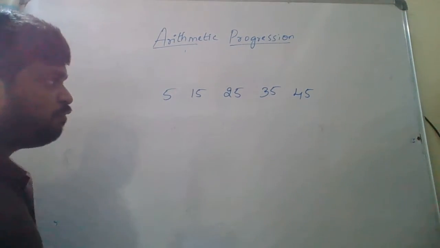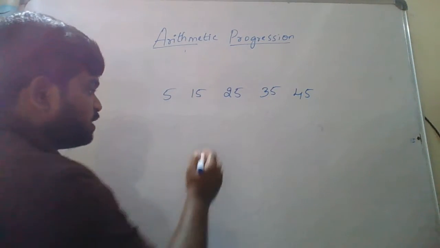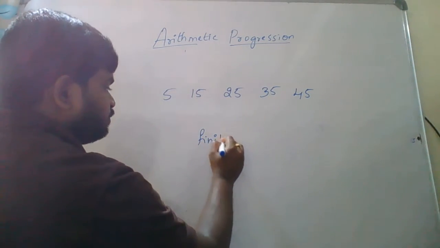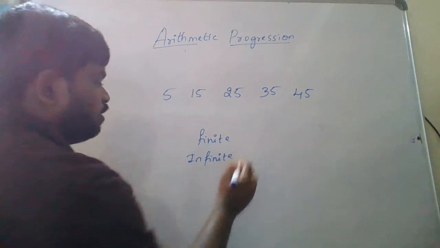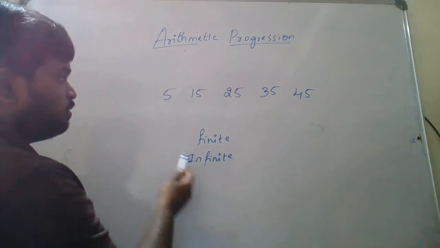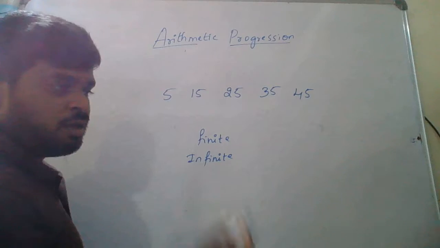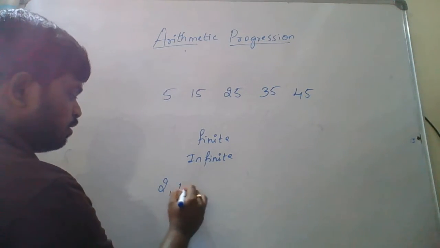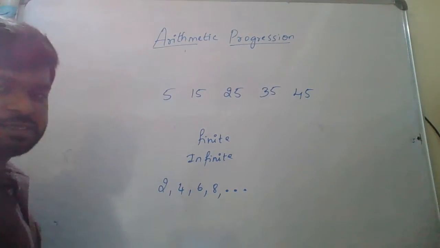Now, if you observe, there are two types of AP. One is known as finite. Another one is known as infinite. So if you observe here, I can count how many are there, right? 1, 2, 3, 4, 5. Totally there are 5 terms. But in the previous example, if you observe, I placed 3 dots.